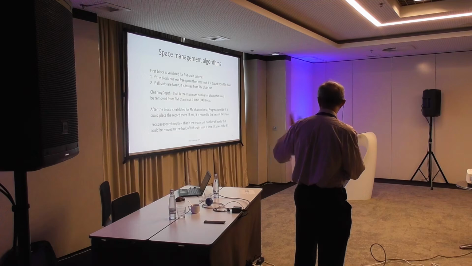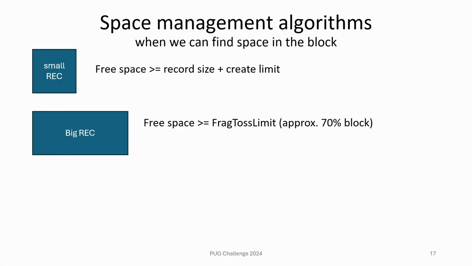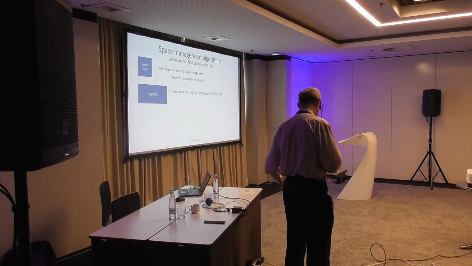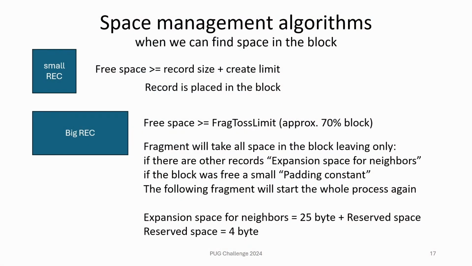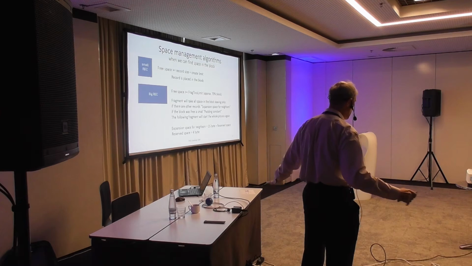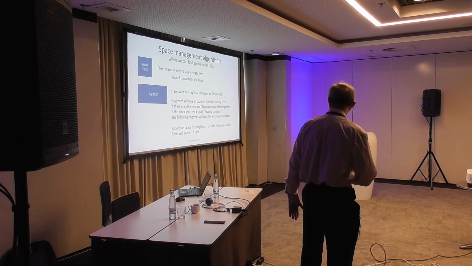Okay, let's assume we have a block and we can put the record into the block. It's good. So in the first case, if it is a small record creation, we just put the record and move on. But if it is a large record, then Progress will put a first fragment into this block, and then it will take all the space on this block with the exception of 4 bytes.